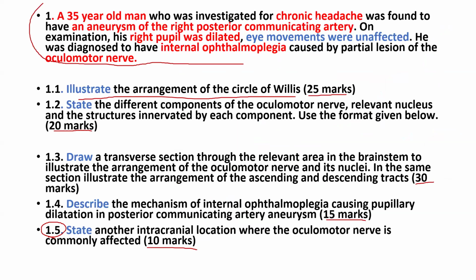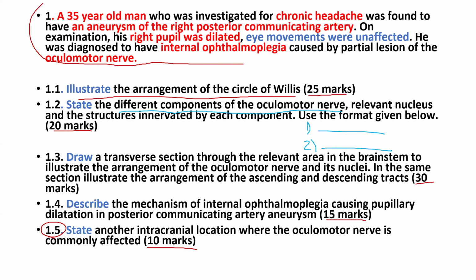State means you have to mention using a few sentences, because they want to know the different components of the oculomotor nerve. So you have to name component number 1 and component number 2 like that, and write what the first component is and what the second component is. That's the meaning of state.